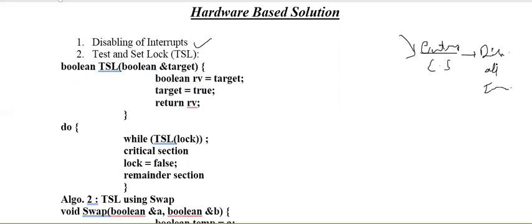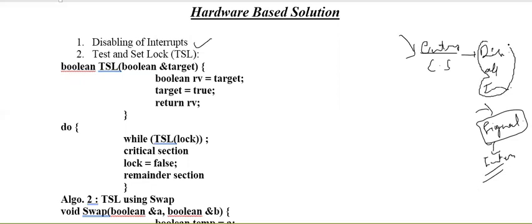As we know, whenever any process wants to enter or perform anything, it has to provide a certain kind of signal, and that signal is given on the basis of interrupts. So I will disable all the interrupts.